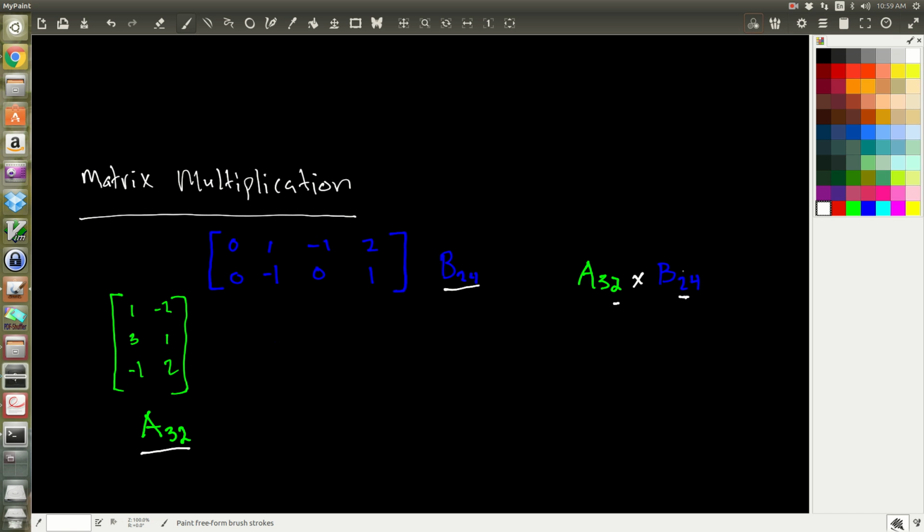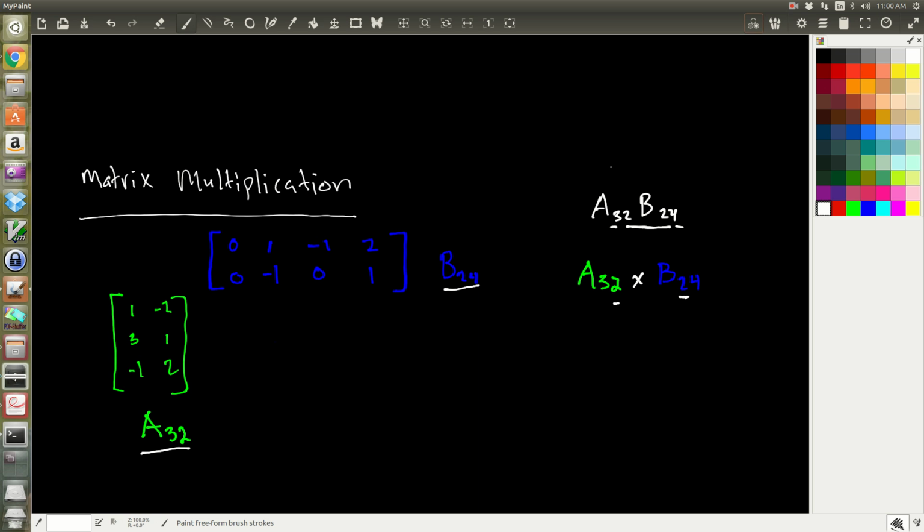They have to match. I call them the inner dimensions because if you set these right next to each other, A 3, 2 and B 2, 4, these two dimensions are on the inside, and these are on the outside. So the inner dimensions have to agree.